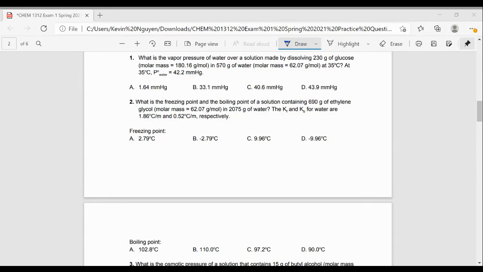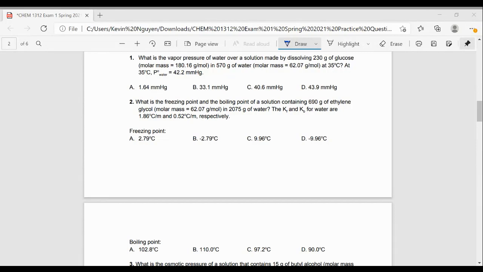Then we have to figure out the molality. So if you guys remember, molality is going to be moles of your solute divided by kilograms of solvent. So we have here the mass of ethylene glycol. So you want to divide that by the molar mass of ethylene glycol to give you moles of your solute. And then you want to divide it by kilograms of your solvent, in this case, which is water.